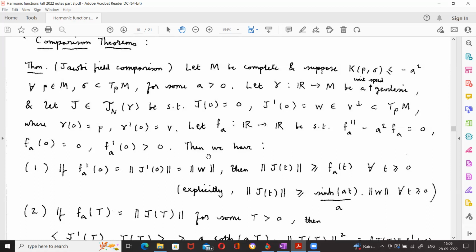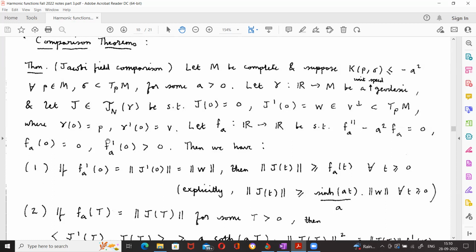Then we have the following comparison result: if f_a'(0) is equal to norm J'(0), this in a sense says that the Jacobi field in M has the same initial conditions as the Jacobi field in the space of constant curvature minus a squared.